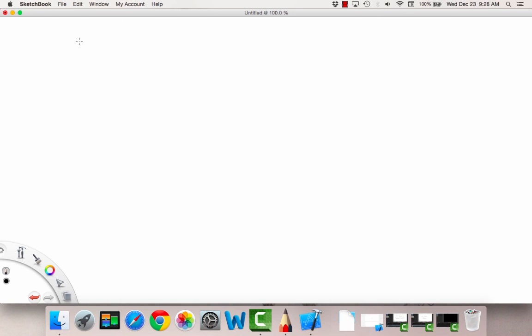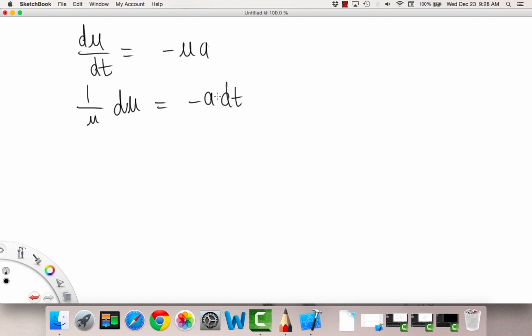So I'll just rewrite it as d mu dt. I'm just flipping it around the equal sign, okay? So minus mu and then times a. Okay, so if we separate these and integrate, we basically just get 1 over mu d mu is equal to negative a dt, and these are functions of t, okay?